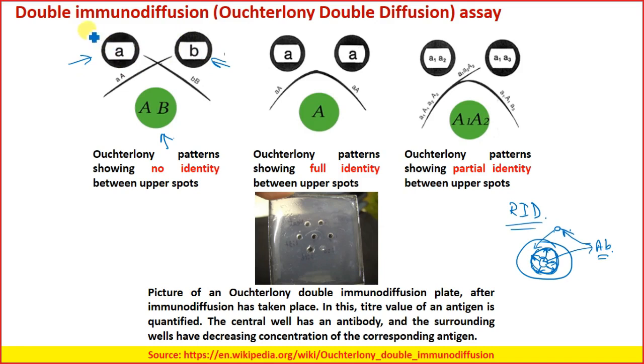So we have an antigen sample A and an antigen sample B. I am talking about antigen samples, not antigen A and antigen B. You have two different samples from, say, two healthy volunteers, and you want to analyze them. Suppose sample 1 and sample 2 are different antigens. Say one has antigen A and the other has antigen B. In this case, we have the antibody for both antigen A and antigen B.